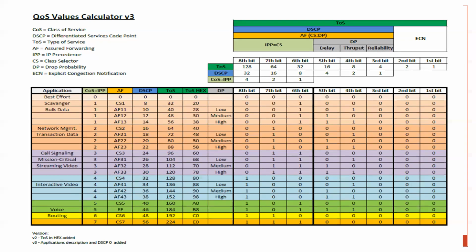What we did yesterday in the previous session is that we discussed TOS, type of service, and in TOS we have basically two parts.